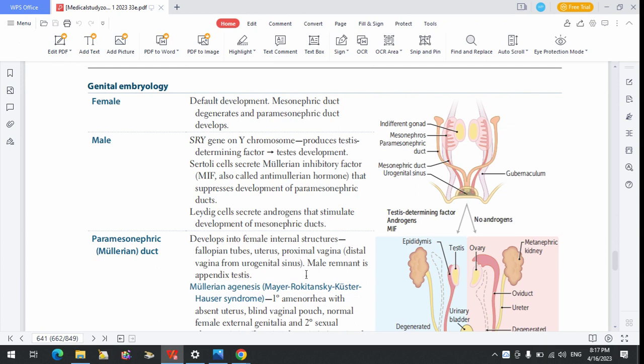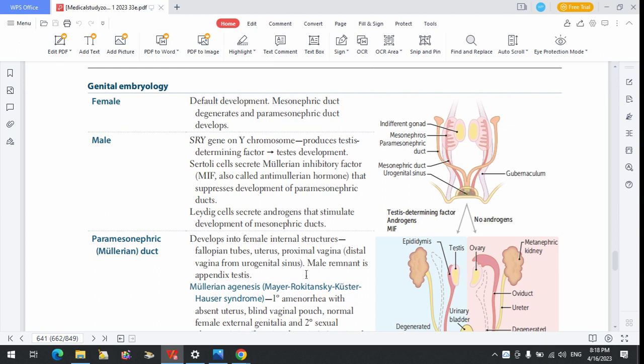Dr. Baba speaking. Okay, so I was going to try and summarize what you said. So when you have an initially undifferentiated gonad, if it happens to be a male where you have the Y chromosome, then that's when you have the SRY gene on the Y chromosome that produces the testis determining factor, which will now lead to testis development.